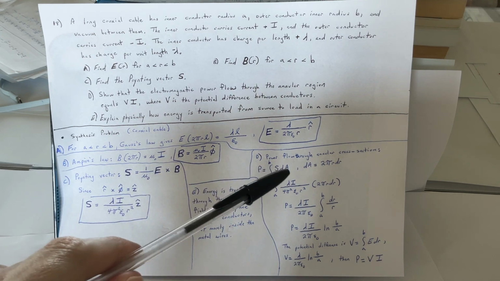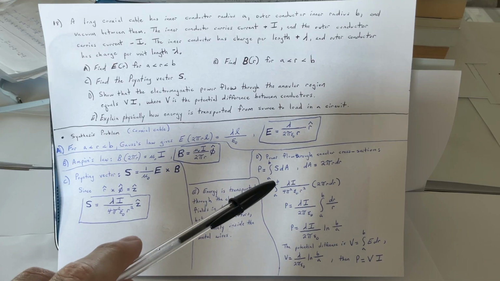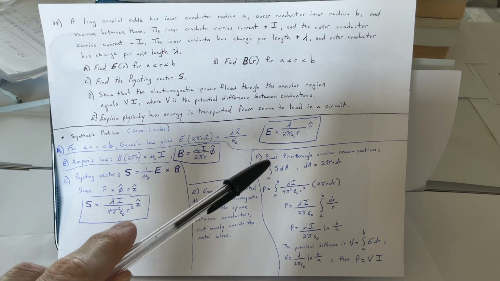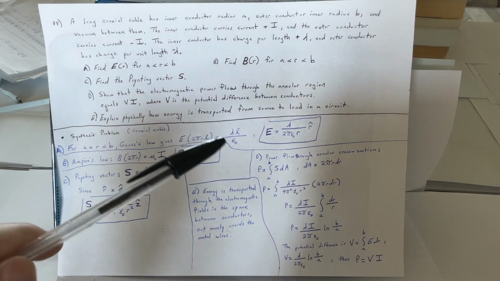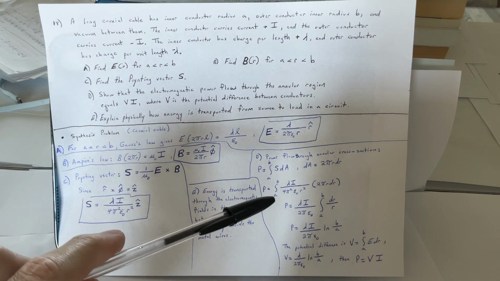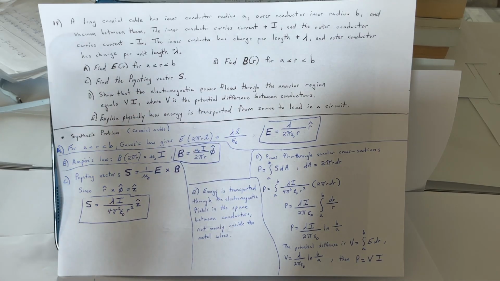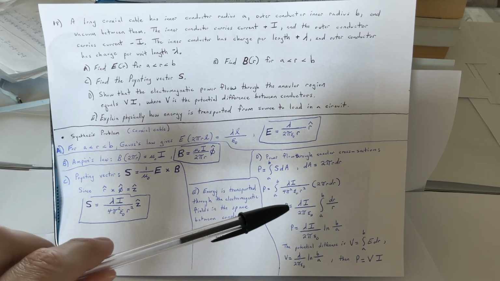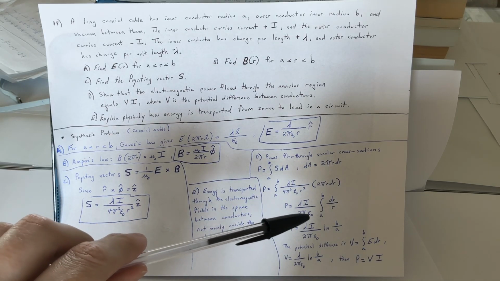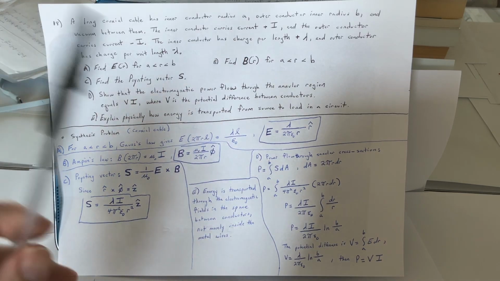And for letter D, power flow through an annular cross section. So set up this integral: P equals the integral from A to B of S dA, where dA equals 2 pi r dr. So P equals the integral from A to B of lambda I over 4 pi squared epsilon naught r squared times 2 pi r dr, so P is lambda I over 2 pi epsilon naught times the integral from A to B of dr over r.